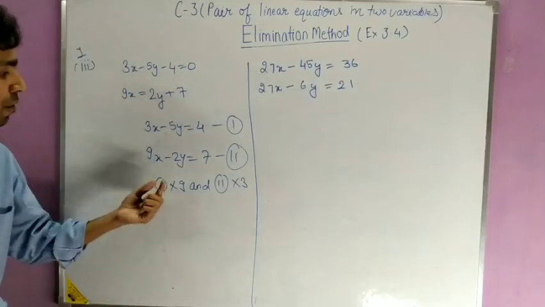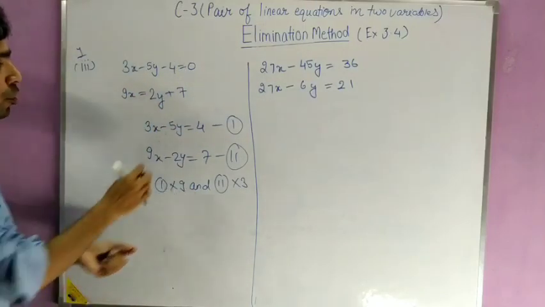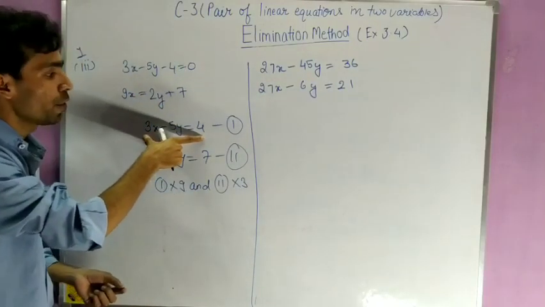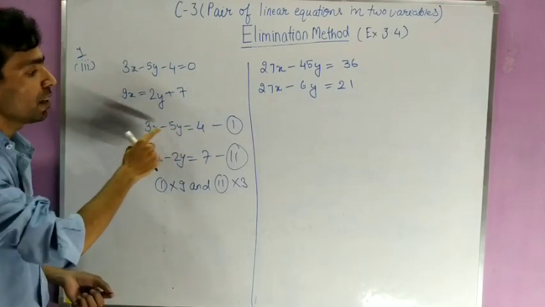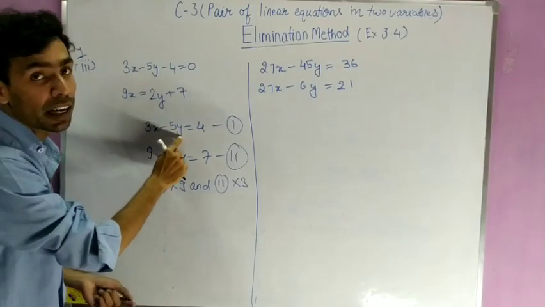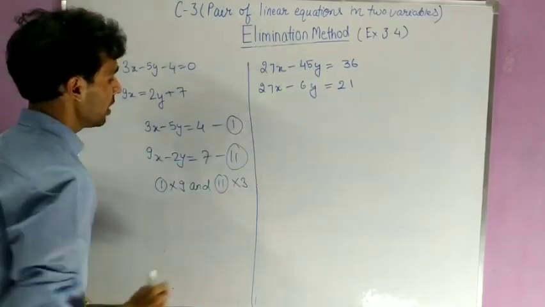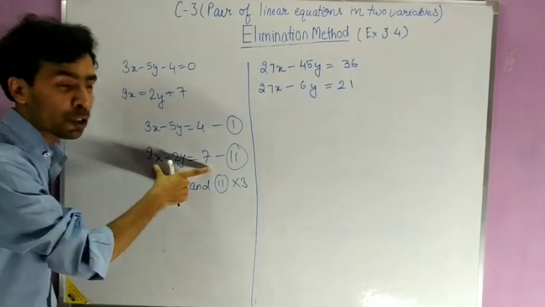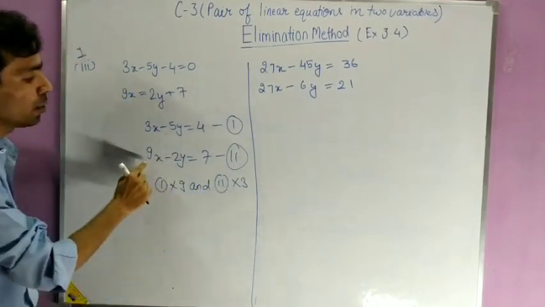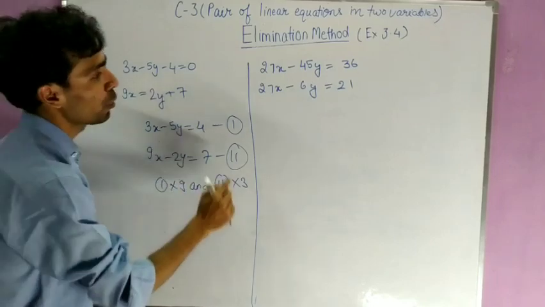See, when equation first is multiplied by 9, it will come 27x minus 45y equal to 36. And when equation number 2 is multiplied by 3, it will come 27x minus 6y equal to 21.